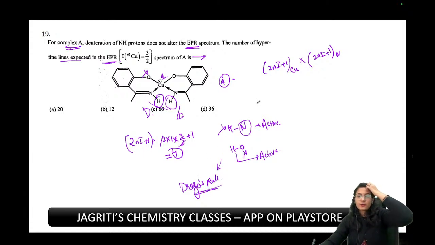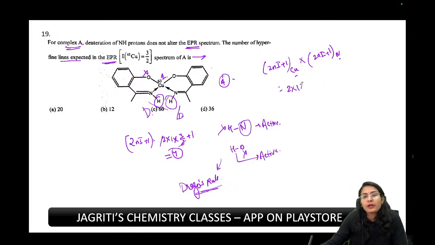Okay, so here we have seen 2nI plus 1 for copper, copper के लिए ले लिया, 2nI plus 1 for nitrogen, not for oxygen, not for this hydrogen. So you can just simply calculate 2 into 1 into I value है 3 by 2 multiplied by 2 into how many nitrogens are there, 2 into I value है नाइट्रोजन की, it is not mentioned, ठीक है.